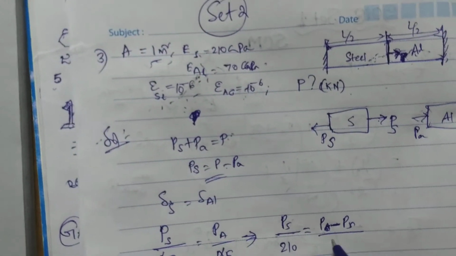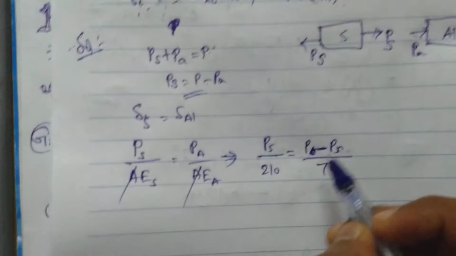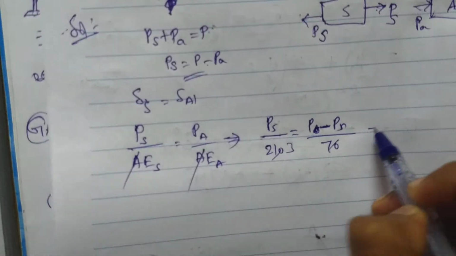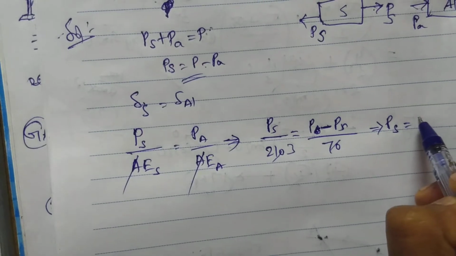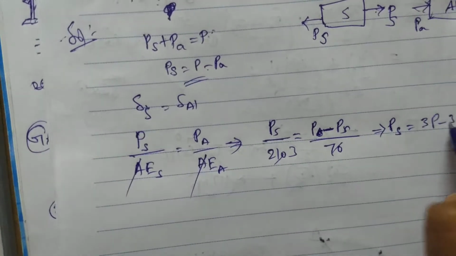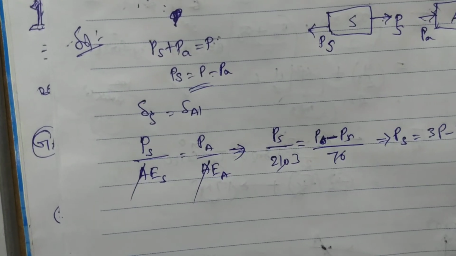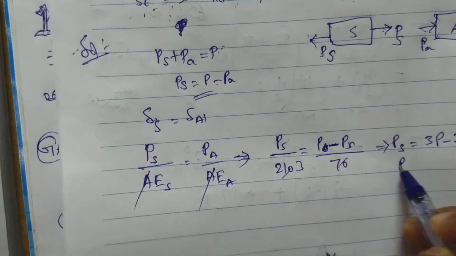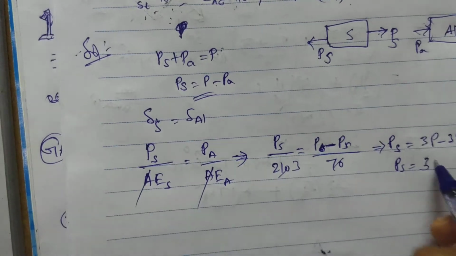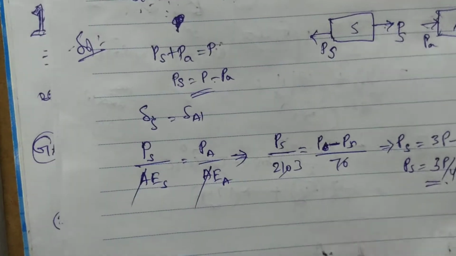So EA is 70 gigapascals. 3. So PS equals 3P minus 3PS. So PS equals 3P by 4. Okay.